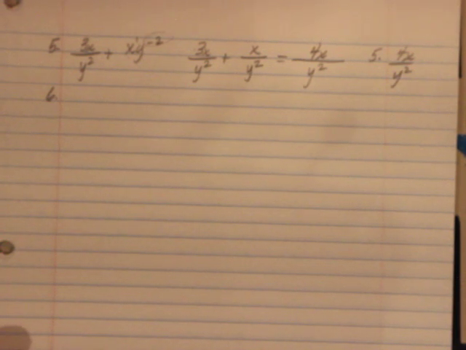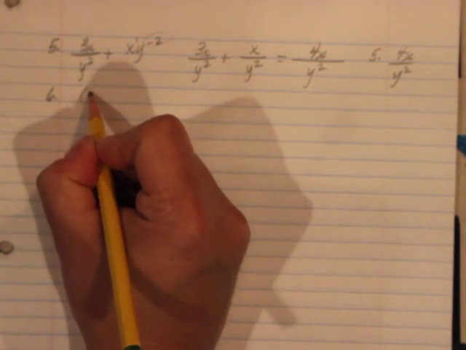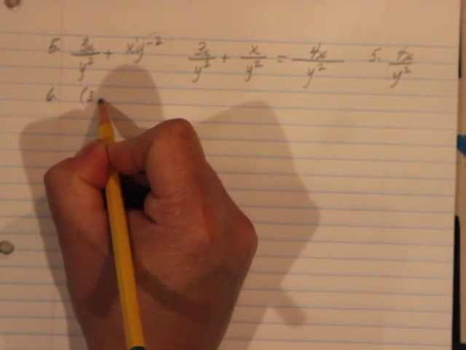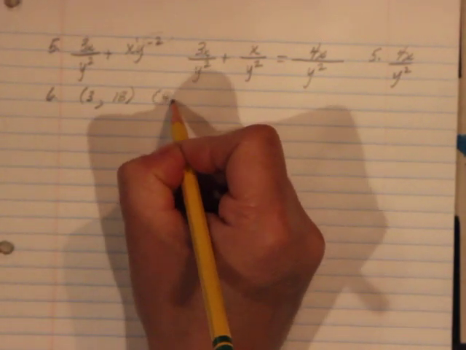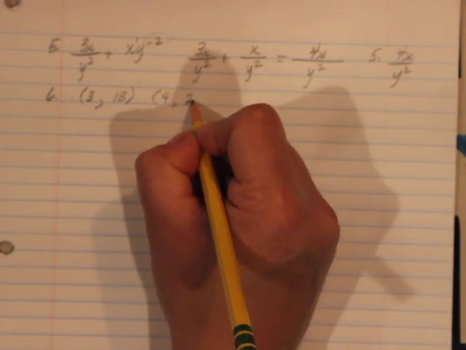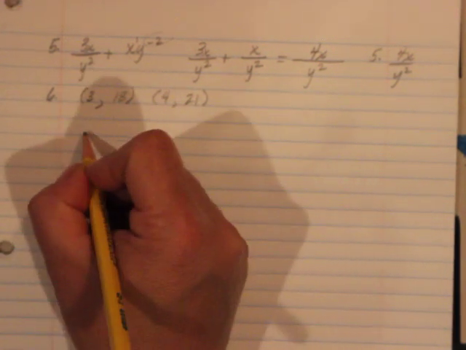Okay? So, here's the points that they gave us, right? In 3 hours, James read 18 pages. That's point 1. In 4 hours, James read 21 pages. I know how to find slope when I've got 2 points.